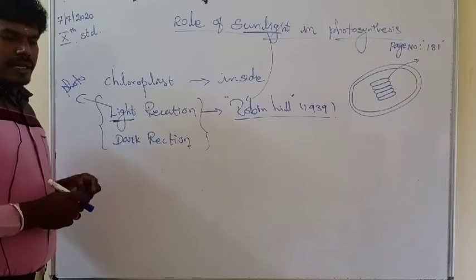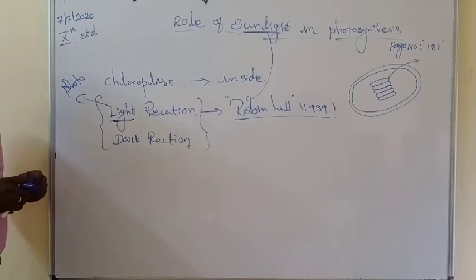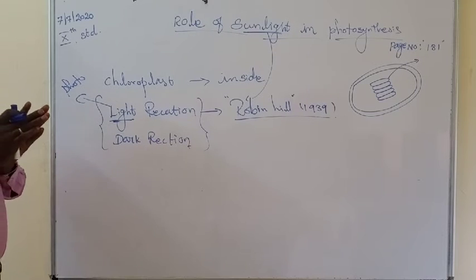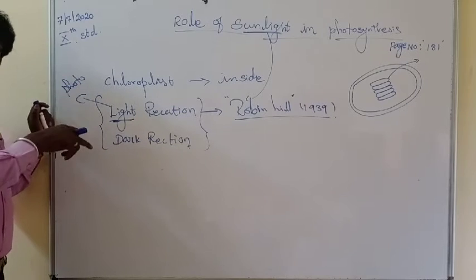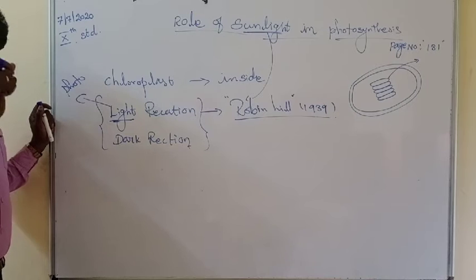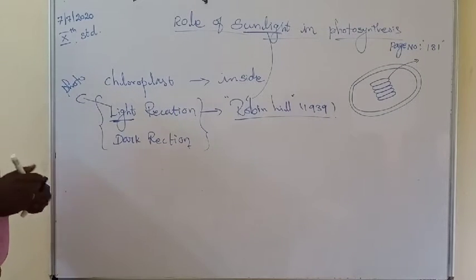This is the light reaction. The photosynthetic pigment absorbs the light energy and converts it into chemical energy. During this reaction, the chlorophyll pigment absorbs the light energy, and thereafter the light energy is converted to chemical energy.